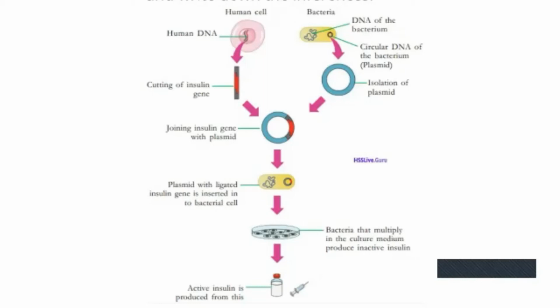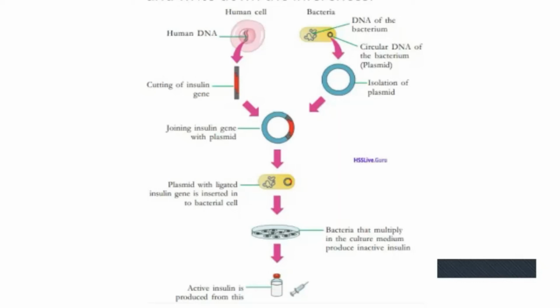Then bacteria that multiply in the culture medium produce inactive insulin. In the laboratory, under specific conditions, this bacteria is allowed to multiply, and the new bacteria produce inactive insulin, and we convert that inactive insulin into active insulin.